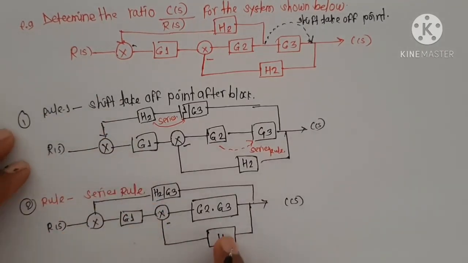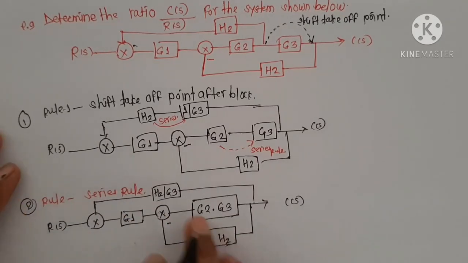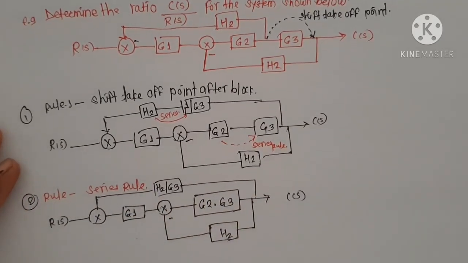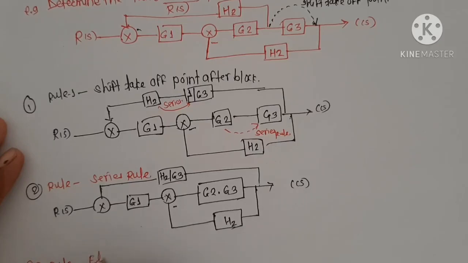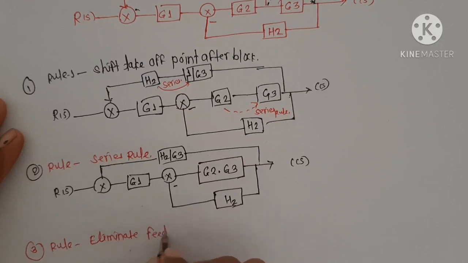Here we have to apply the eliminate feedback rule because this is a closed loop. By using the closed loop transfer function we can reduce this block diagram. So the next rule is the eliminate feedback rule. What will our block diagram be? R(s), summing point, negative, G1 block as it is.